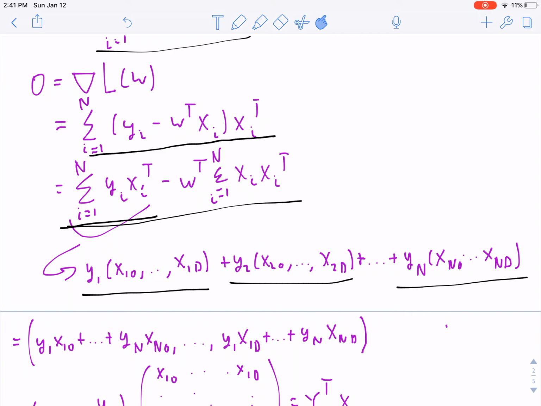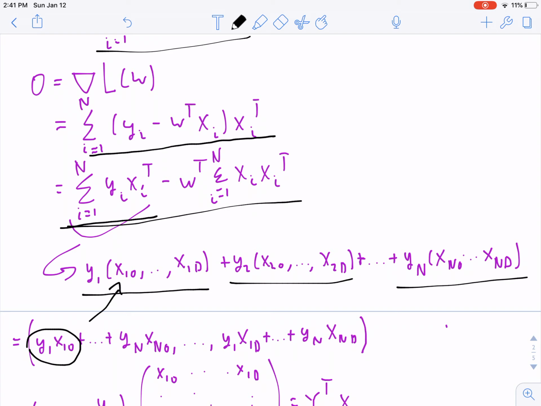And so we add those vectors up element-wise, and what we're going to get is in the first spot in the vector, we get y1 x10, right, which corresponds to the first element of the first term in the sum.